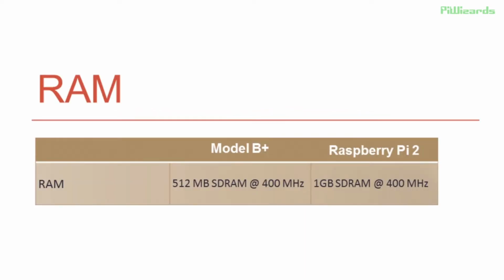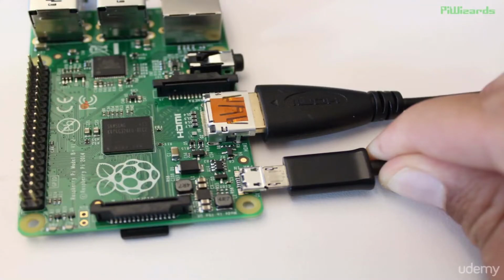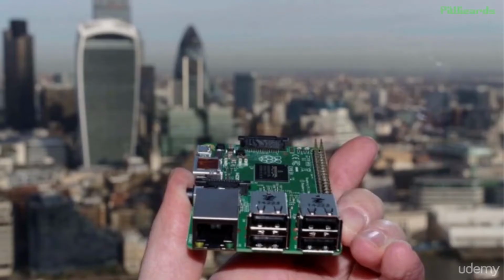The Pi 2 has 1 GB RAM shared between the GPU and the CPU, which is twice the amount of the B+, running 50 MHz faster than the B+'s 512 MB SD-RAM at 400 MHz. You can now push 1.2 amperes to the Pi 2's 4 USB ports so you can connect power-hungry devices.